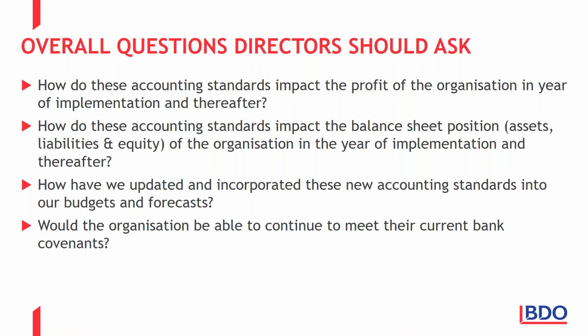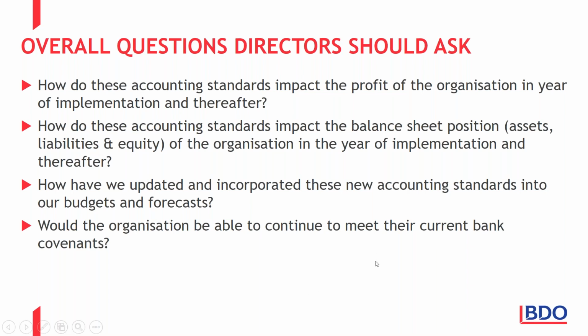And you are going to find that because of the various transition options and accounting policy and judgment choices that are available to organizations, those people who are in charge of governance might want to start asking questions about what the various options, judgments and policy choices do to the number on transition as well as to our profitability for a number of years thereafter, so that you can make an educated decision as an organization about which choices you might make in terms of policy elections and transition methods, so that you don't get caught out at a later stage by impacting your equity or your profit in a particular way.